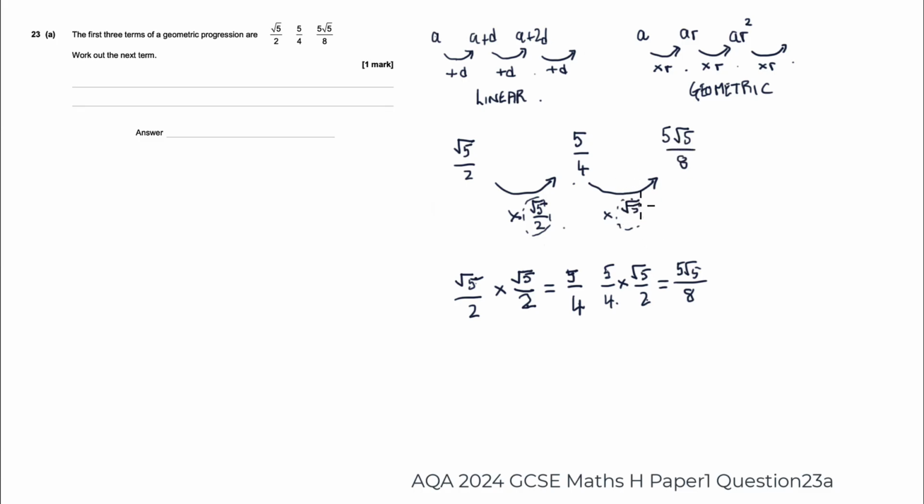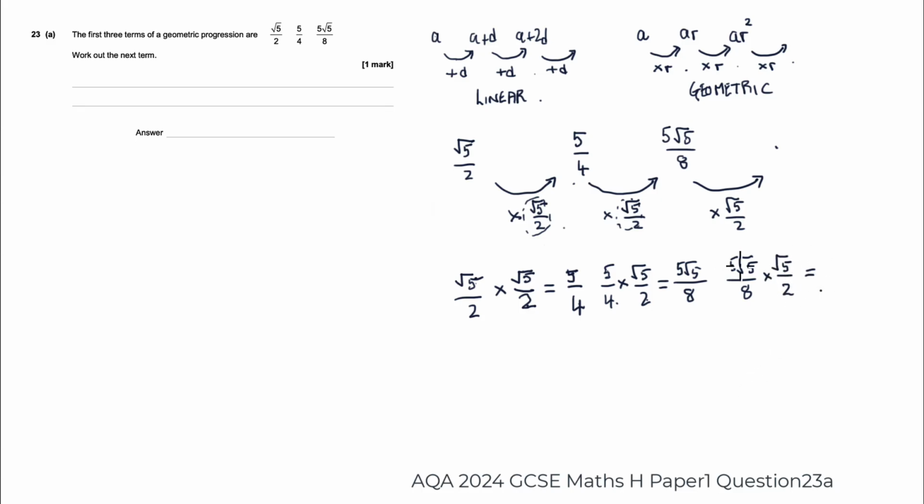So it seems we're on to a winner with this multiplying by root 5 over 2. So this is the term that they're after, the next term in this sequence. So all we need to do now is multiply 5 root 5 over 8 by root 5 over 2.